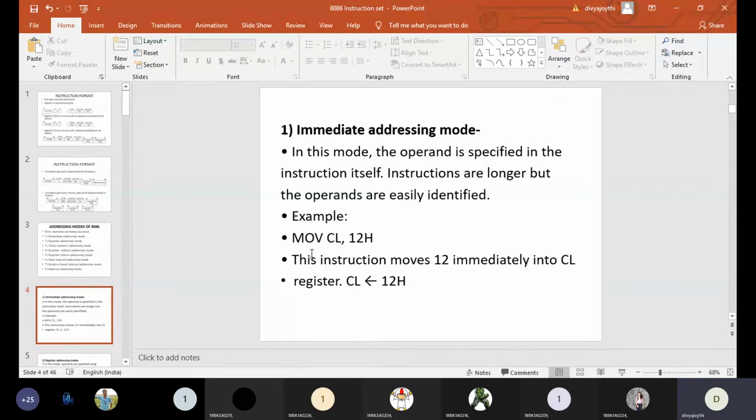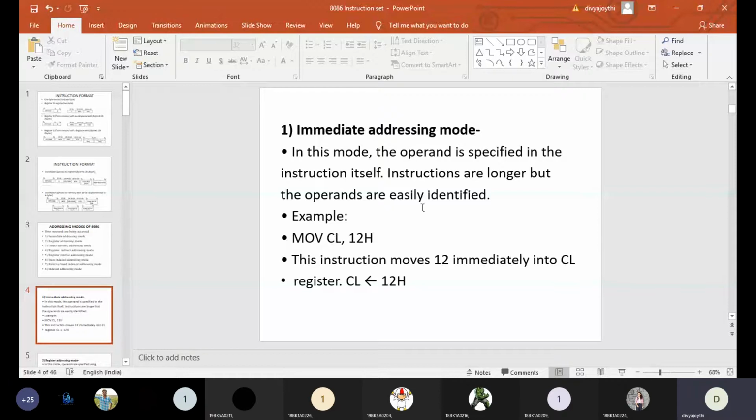So in this addressing mode, what is happening? The data is directly transferred to a register. In immediate addressing mode, data is directly mentioned in the instruction and it is directly transferred to the destination.